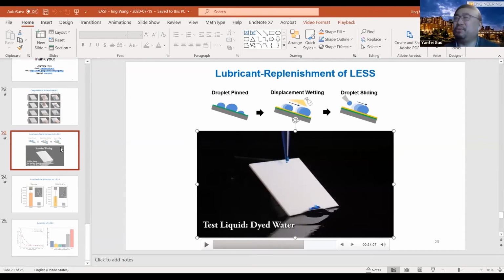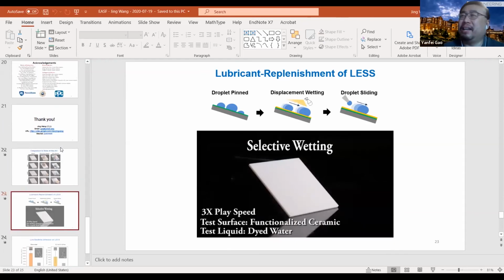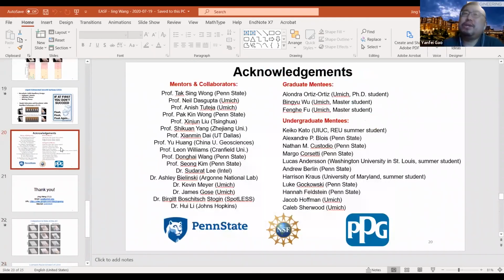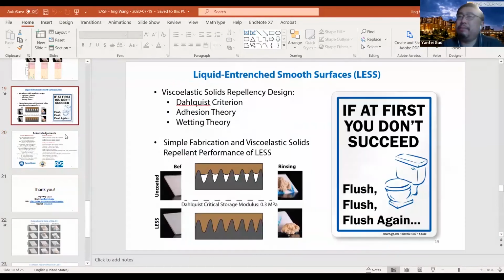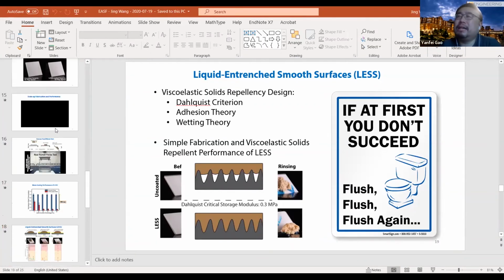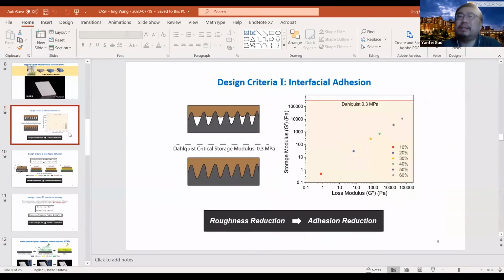Hey, very nice work. I learned a lot. I'm curious about your reference to this viscoelastic property. How does that play a role? You particularly mentioned this magic 0.3 MPa viscoelastic storage modulus.